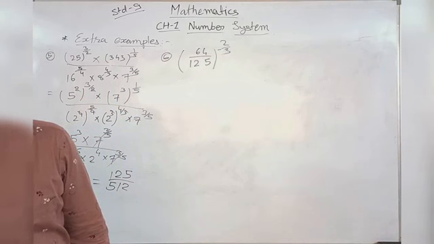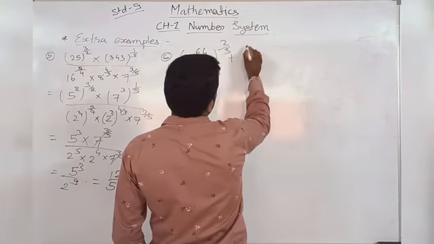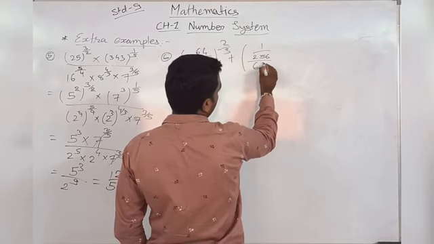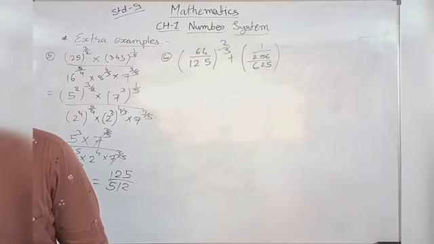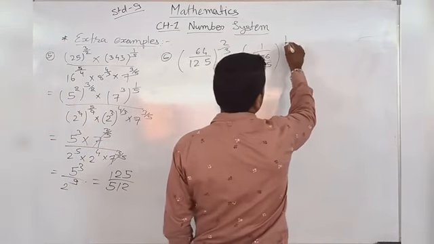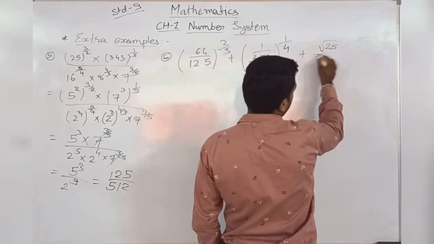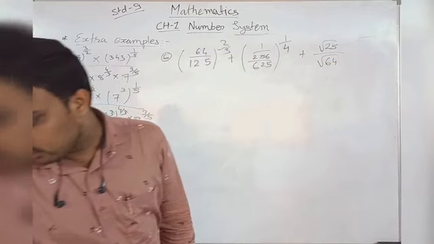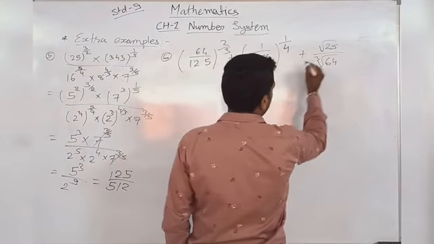Then plus 1 upon 256 upon 625 and its out of bracket 1/4 power, plus here square root 25 in the denominator 64 and cube root is given maybe. Yes, cube root is given. So what is your next step?